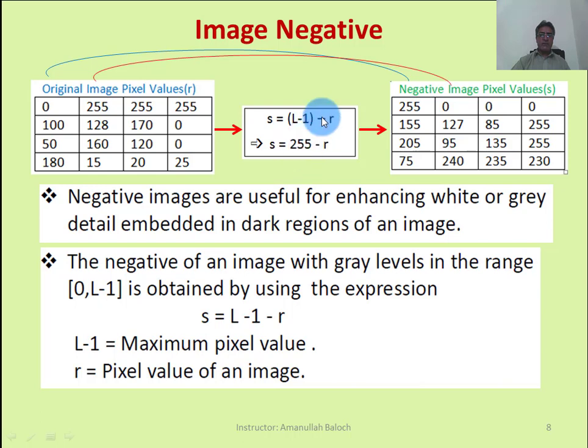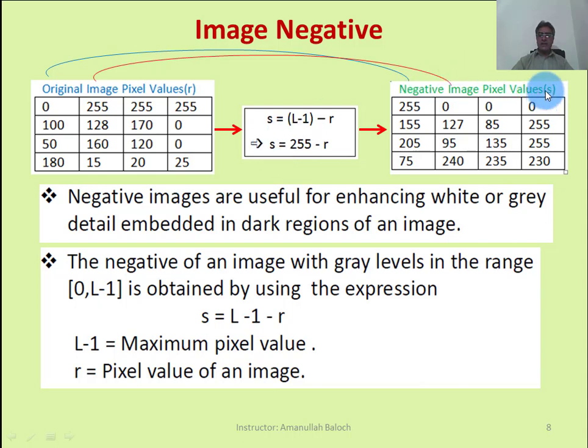This is 255 minus R. Actually, this is the transformation function: S is equal to 255 minus R. We will take each pixel from the original image and transform it into the negative image. So R is the original image pixel value, R is equal to 0 here. We put 0 here, 255 minus 0 becomes 255, and S becomes 255.